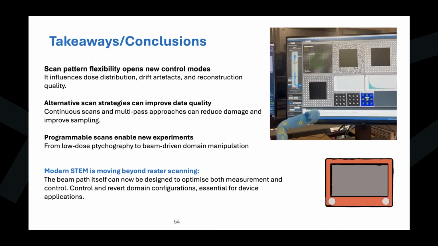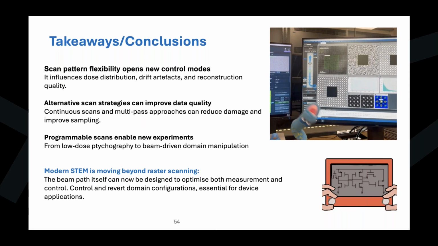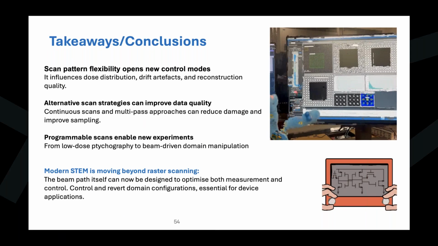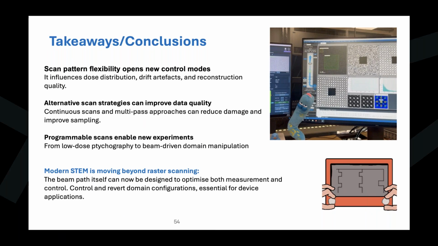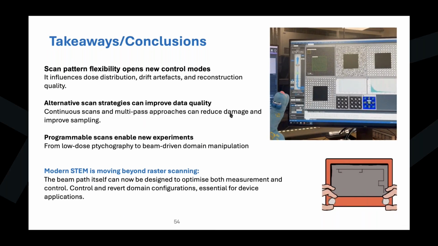So for us, that's low dose ptychography or driven domain manipulation, but it can be many different things for other researchers. It could be other types of cool manipulation of their material systems. And modern STEM is moving beyond raster scanning. We know this in our research field, whether that's materials science or biological materials.